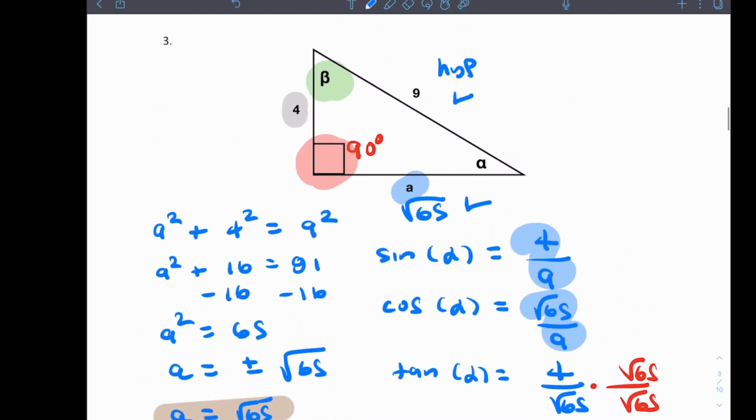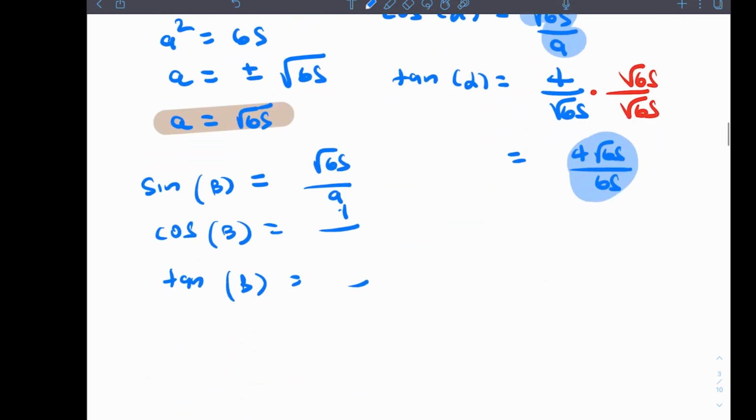Cosine of beta, adjacent. That's the side next to beta. That's not the hypotenuse, right? 4 over what? Over 9. So far, so good.